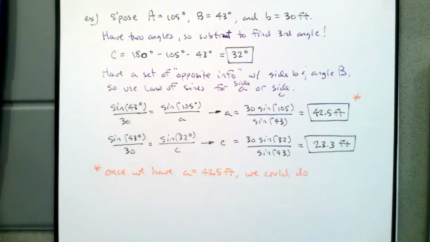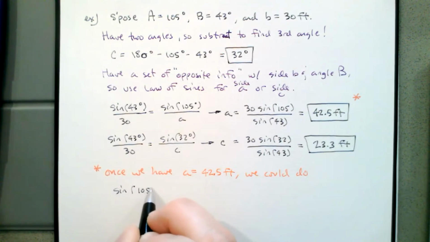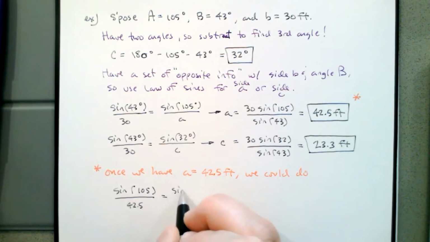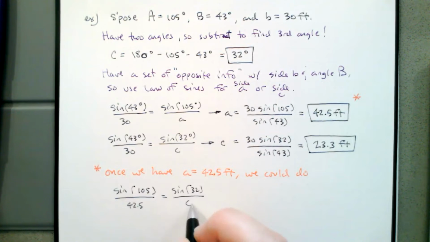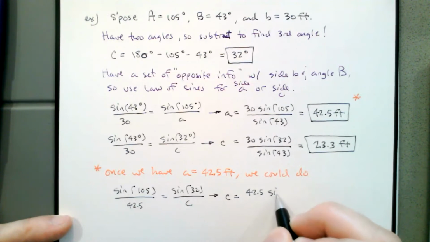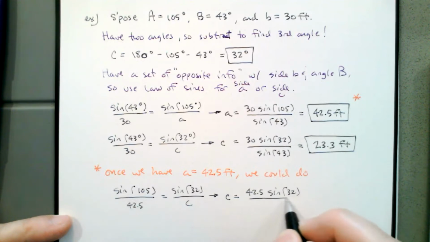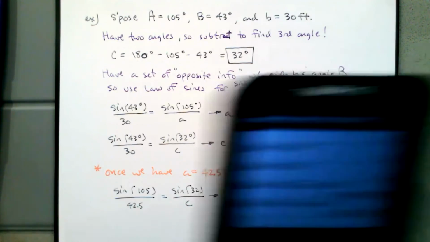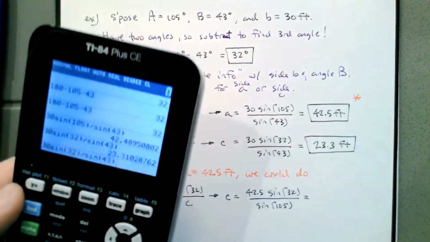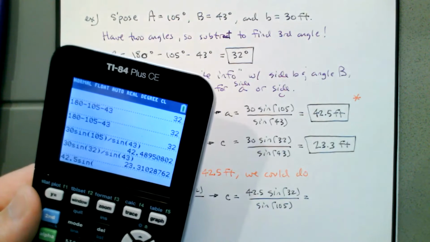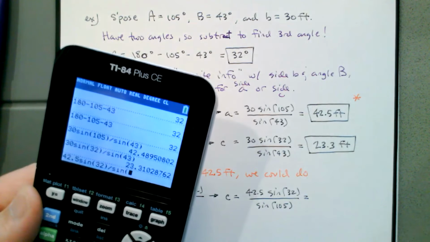So once we have A is equal to 42.5 feet, we could do sine of 105 over 42.5 is equal to sine of 32 divided by C. So I could say C is equal to 42.5 times the sine of 32 divided by the sine of 105. So 42.5, let's just clear it. 42.5 times the sine of 32 divided by the sine of 105.